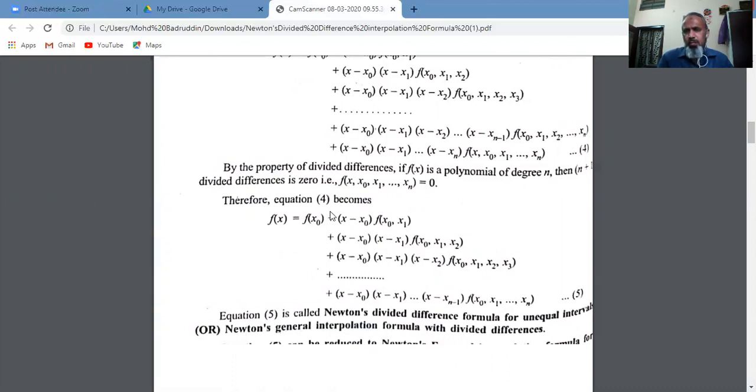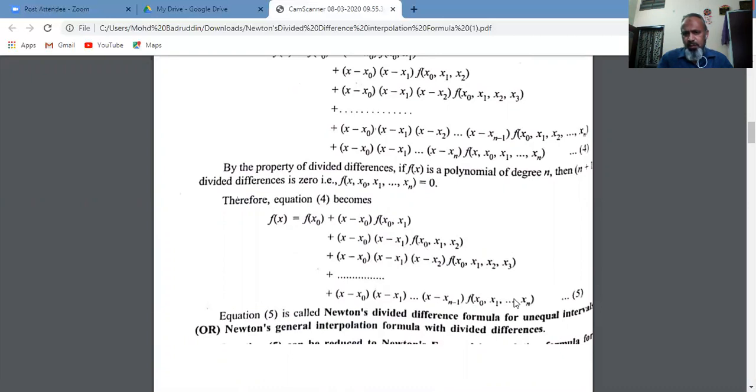So very simple, you can easily remember this formula. f of x is equal to f of x naught plus x minus x naught into first divided difference plus x minus x naught into x minus x1, two factors we have to take, then second divided difference f of x naught, x1, x2 by taking three values of the arguments x naught, x1, x2, plus next term will be containing three factors x minus x naught, x minus x1, x minus x2 into third divided difference, that is f of x naught, x1, x2, x3, plus so on.